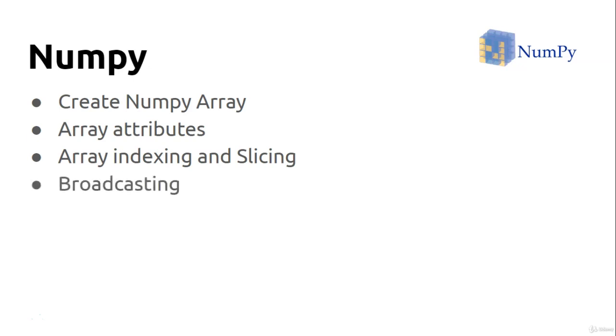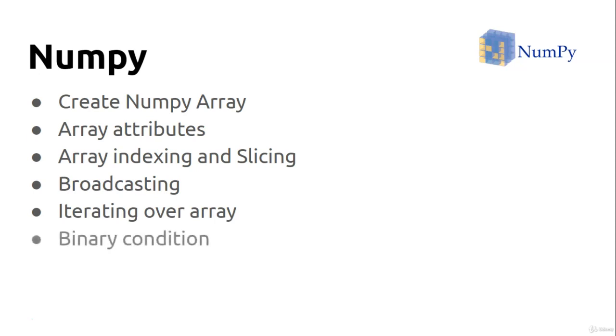Then we'll see one very important concept, broadcasting, how you can iterate over every single element available in the array, and how you can put a binary condition to extract some data based on those conditions. Some mathematical functions like trigonometric functions, exponential functions, ceiling, floor, and many more we'll see, and how we can apply all those functions directly on this ND array.